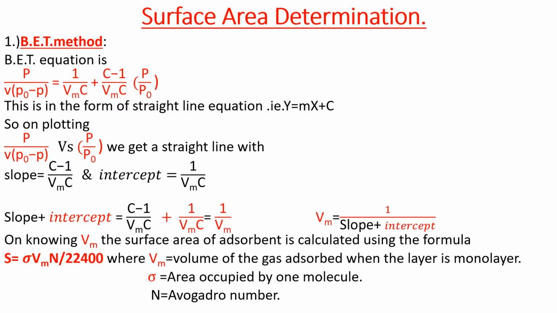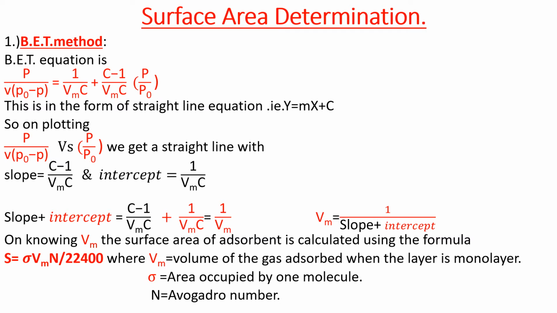So on knowing Vm, the surface area of the adsorbent is calculated using the formula. What is the formula? S, that is surface area, is equal to sigma Vm N divided by 22,400.